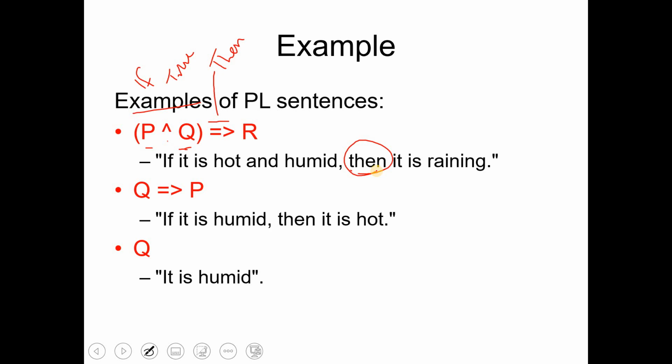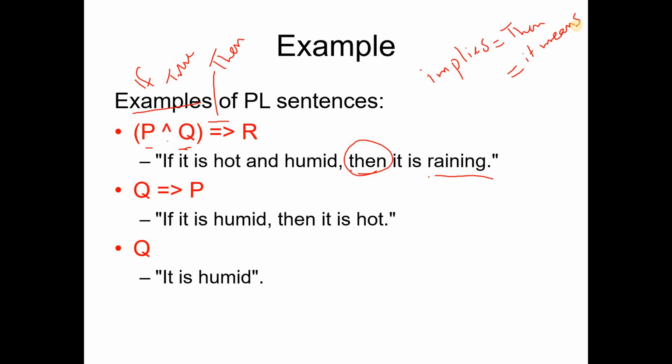If it is hot and humid, then it is raining. So implies itself is the same as then, or it means. Clear?